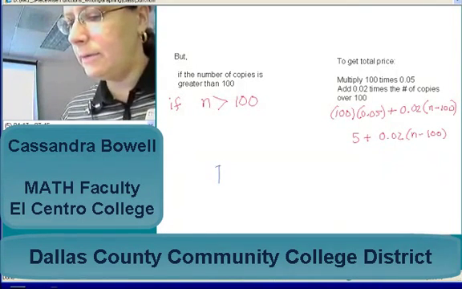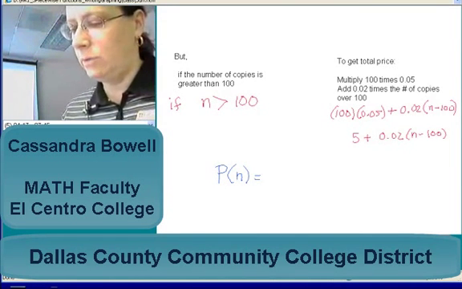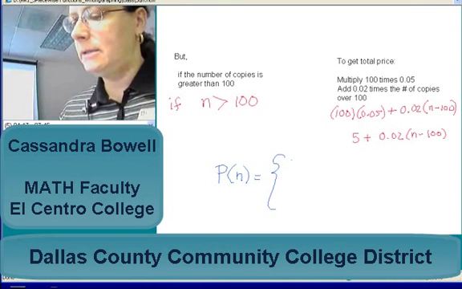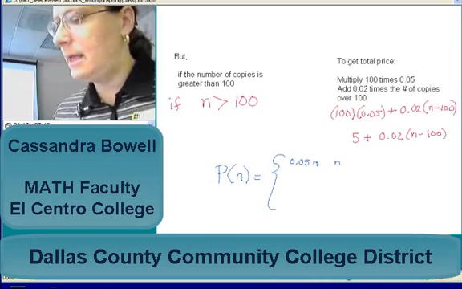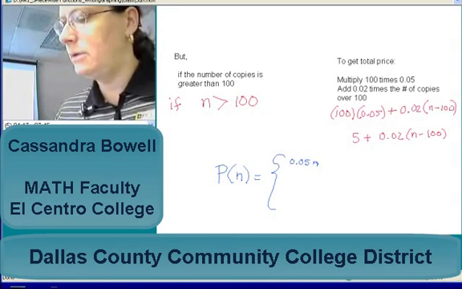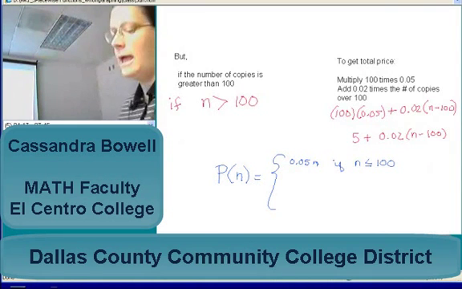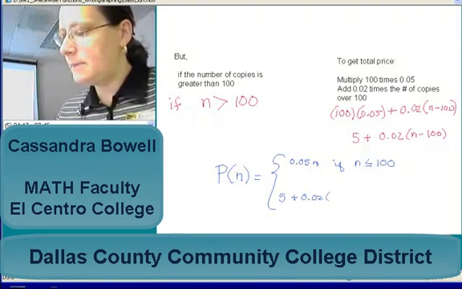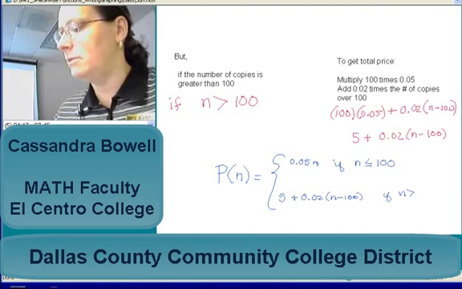The price for n number of copies, let's make a function out of it, is equal to 5 cents times n in the event that n is less than or equal to 100. And it's this other rule, 5 plus 2 cents times n minus 100 if n is greater than 100.